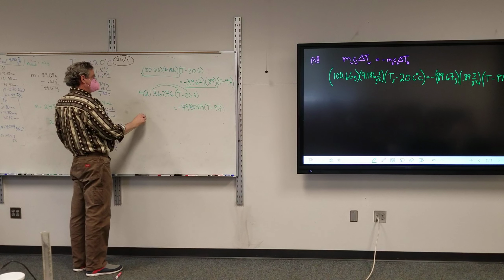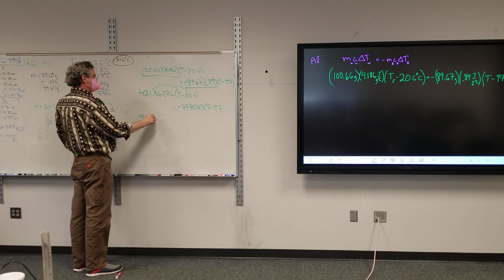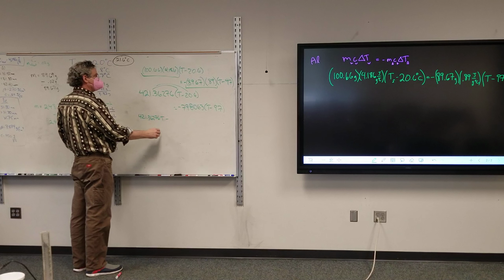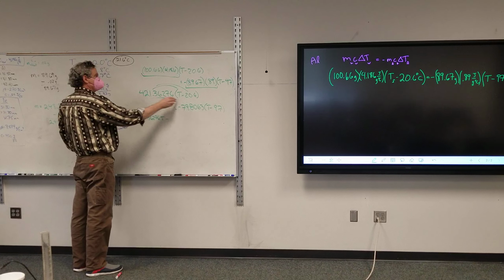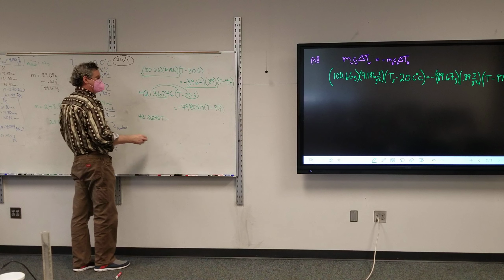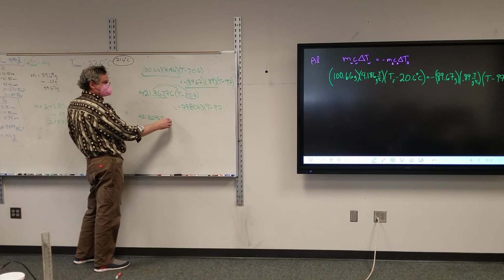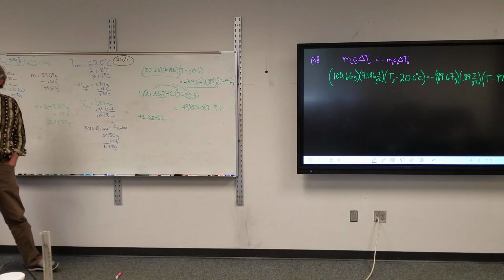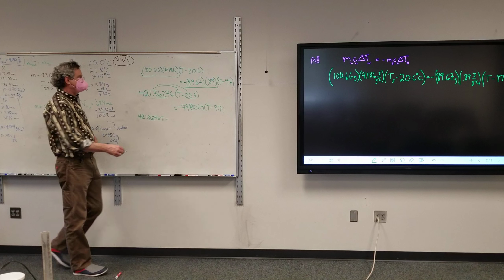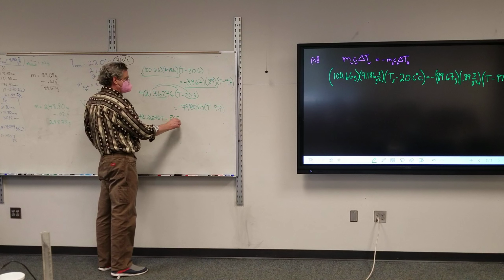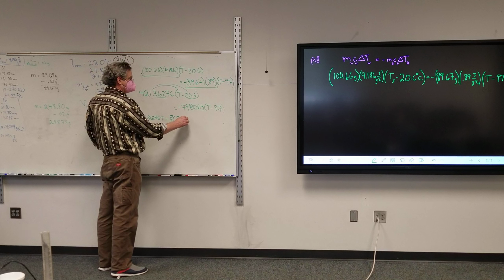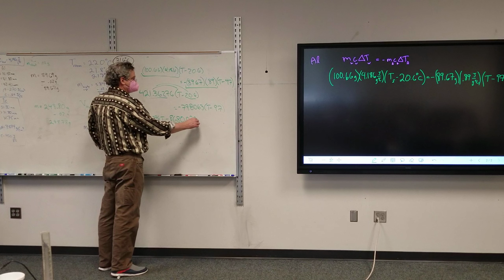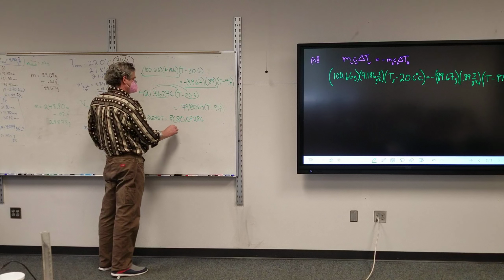So 421.36276 T minus whatever that times that is, 8,680.07286.